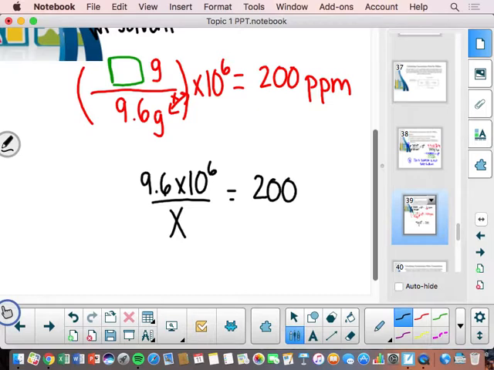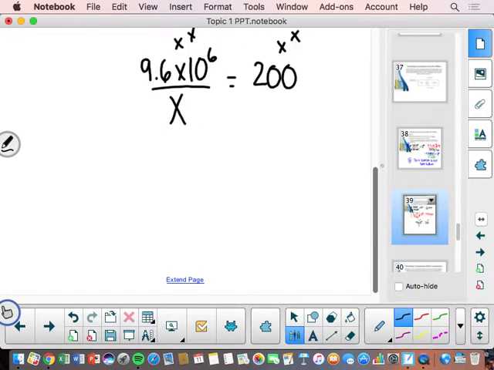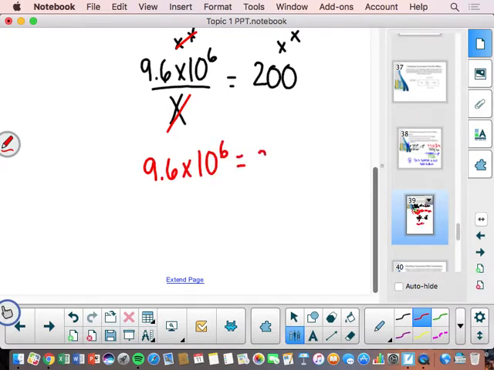So to solve for X here, I like to move X to the top. To get rid of X on the bottom here, I have to multiply both sides by X. So that will get rid of it on the bottom, and it'll get it over there. So what we have left is 9.6 times 10 to the 6 is equal to 200x.